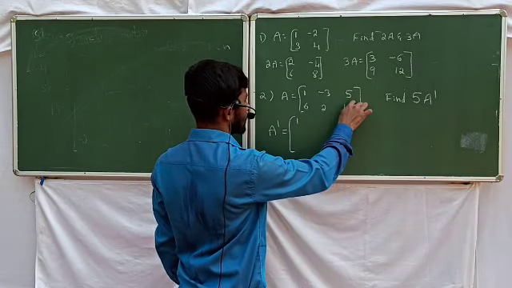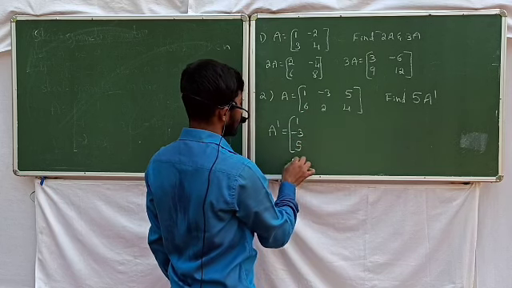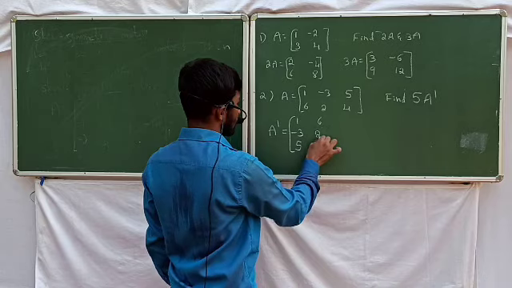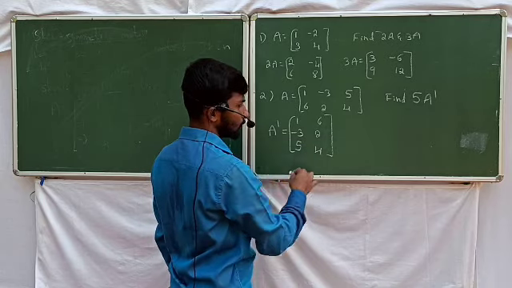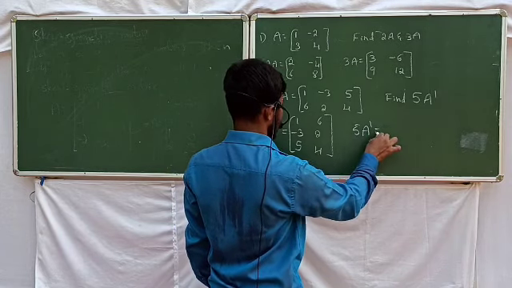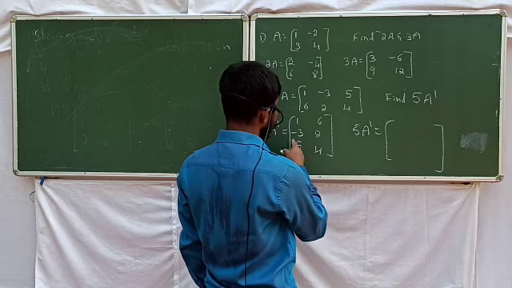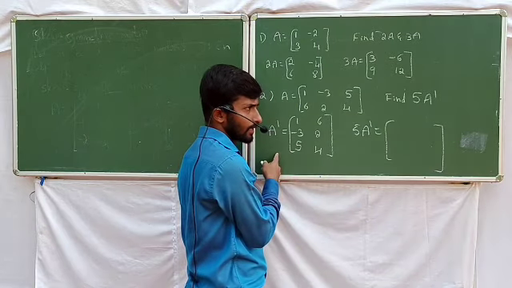See here, the row is there, I am writing it as a column: 1, minus 3, 5, 6, 2, 4. It's the transpose value. We want 5 times A transpose. Now it's a scalar multiplication, multiplying 5 to each element of the matrix A transpose.